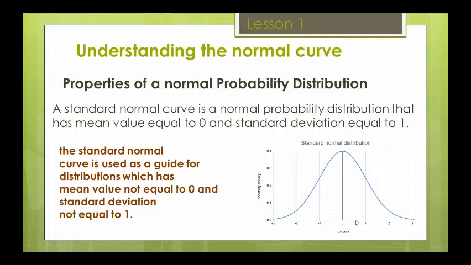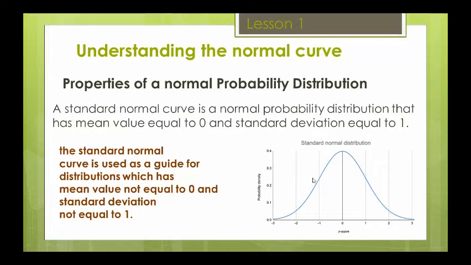Yung space between 0 and the next portion is equal to 1. So, 1 yung distance, yung space or yung width ng standard deviation natin. The standard normal curve is used as a guide for distributions which have a mean value not equal to 0 and a standard deviation not equal to 1.